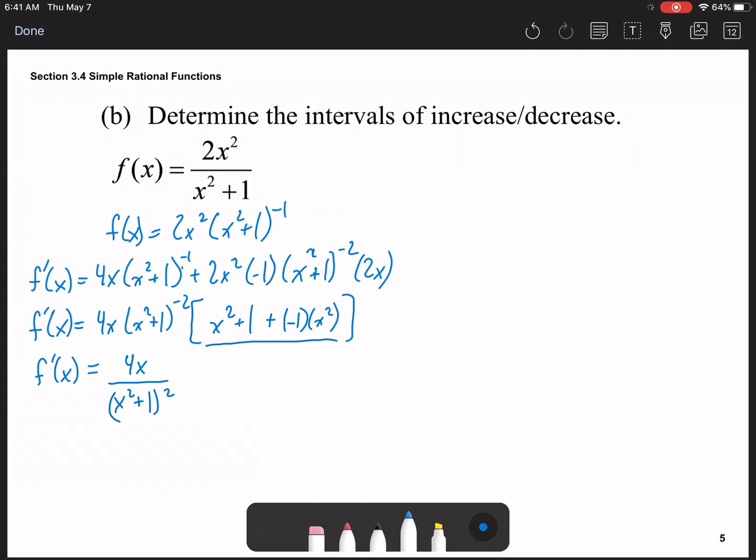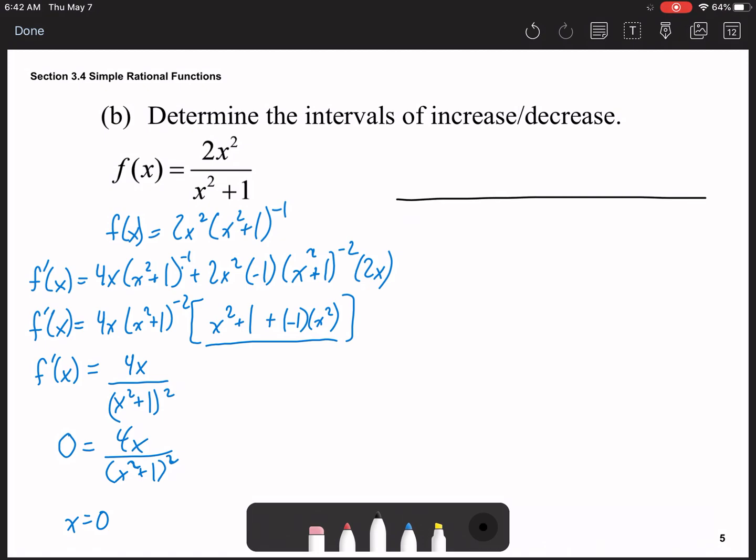Now to find out my intervals of increase and decrease, I need to know when this is 0. Well, rational functions can only be 0 if the numerator is 0. So when is 4x equal to 0? Obviously when x equals 0. So now I can create an interval chart for this.